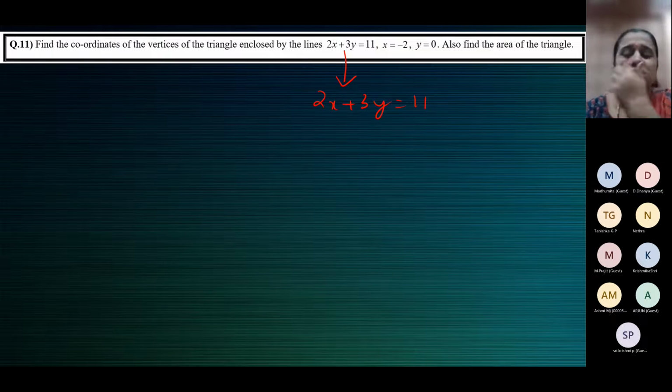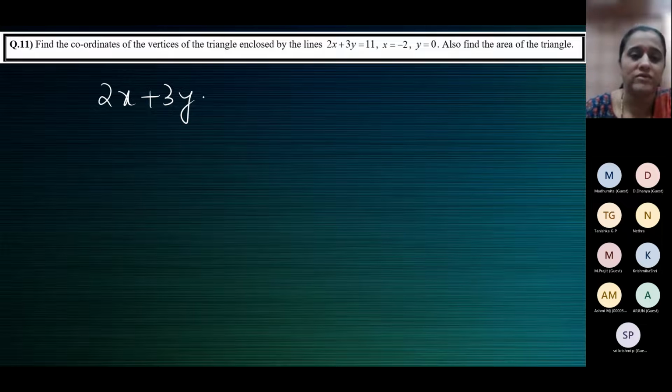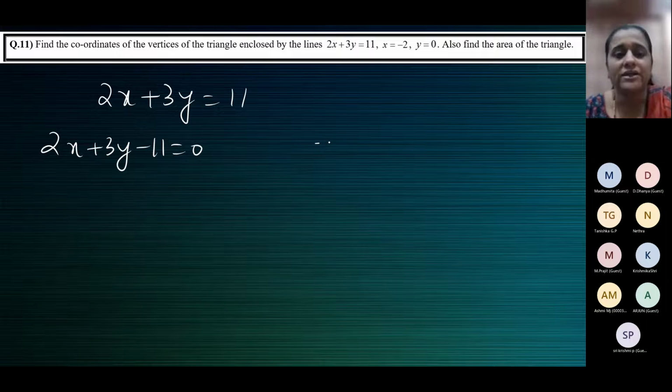But one more thing, children. Sometimes we can give 2 values for A, 2 values for B, and 2 values for C. I'll tell you why. See, this is the equation: 2x plus 3y is equal to 11. What if I transpose, I can do this, or I can even do this.